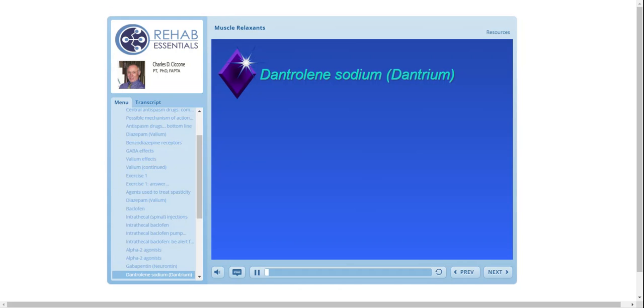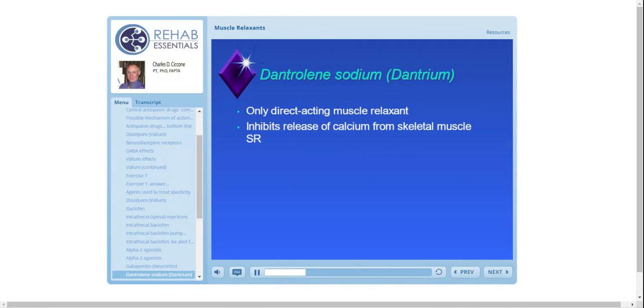Now, this drug, dantrolene sodium, or its trade name Dantrium, it's actually a very interesting drug because it's the only type of antispasticity medication that directly affects the skeletal muscle. All the drugs we've seen so far in treatment of spasticity have affected the central nervous system, preferably at the cord level, but still within the central nervous system.